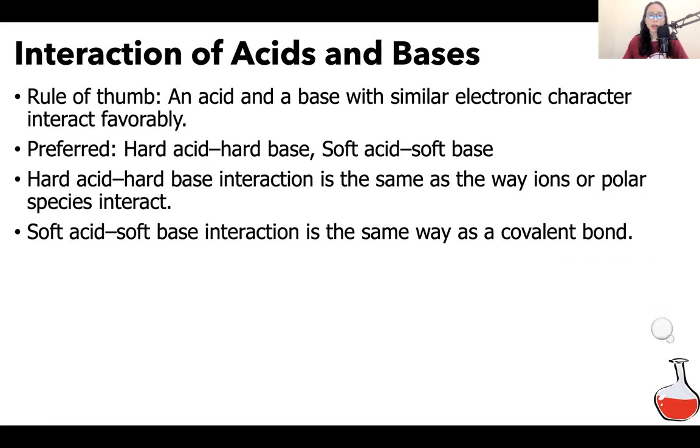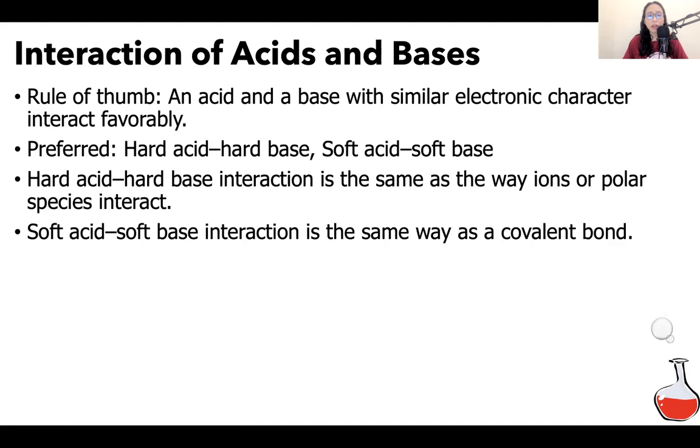It's because, remember, hard acids have high positive charge, and hard bases have high electronegativities. It means that it's the same way as ions, such as sodium ion and fluoride ion, for example, or in the same way as polar species, such as water molecule and ammonia, for example.